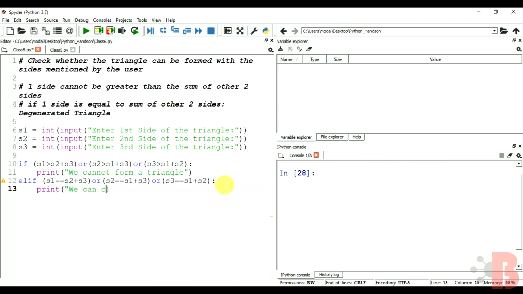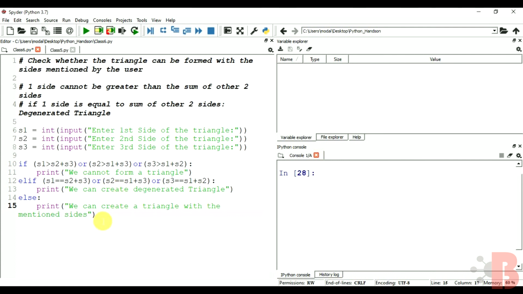We can create a degenerated triangle. Else print we can create a triangle with the mentioned sides.